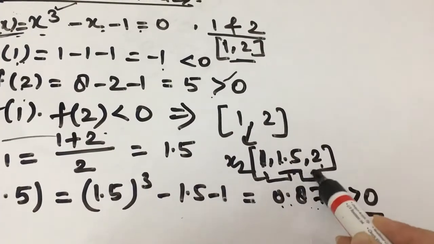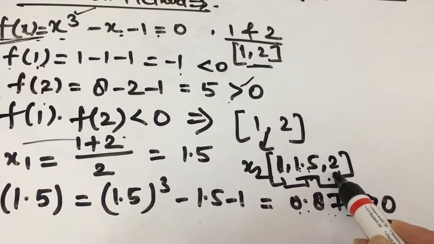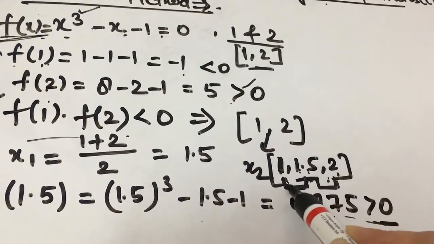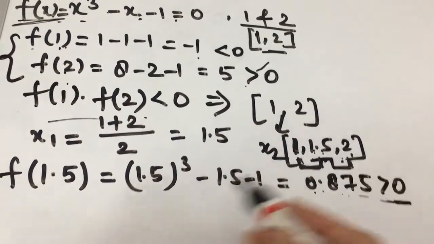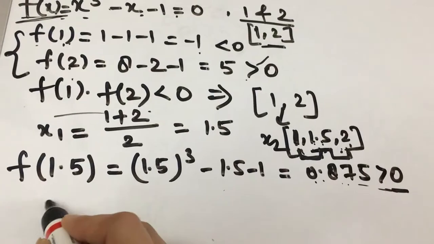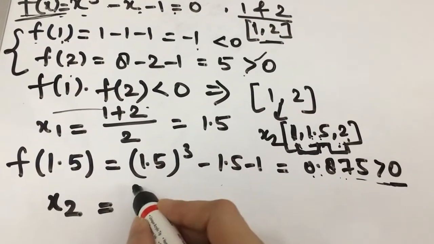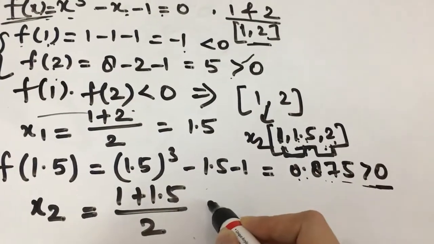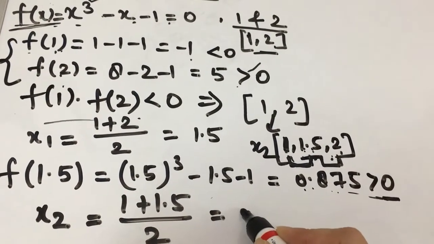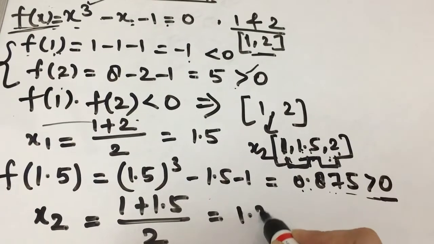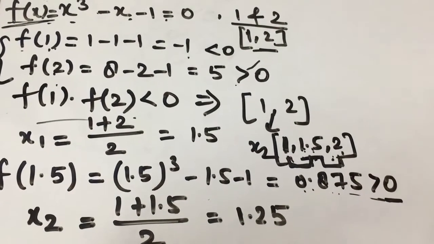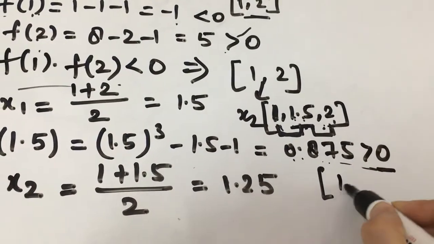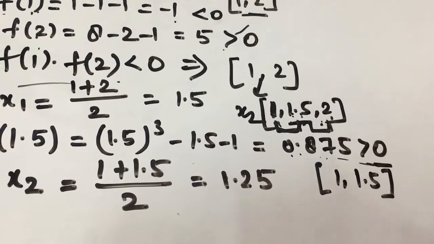Hence in the interval 1.5 to 2 a solution can't exist. So the solution will exist in the first interval 1 to 1.5. So my second approximated root will be (1 plus 1.5) by 2, hence its value will be 1.25. This is my second approximated root and it will lie in interval 1 to 1.5. Clear?